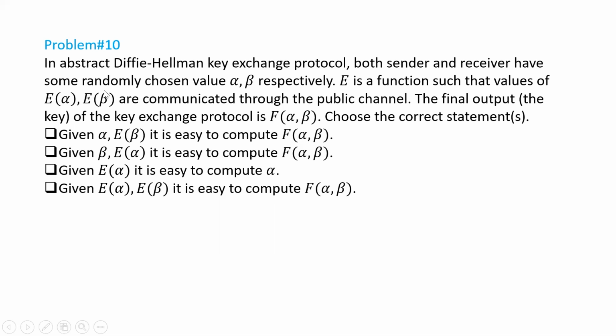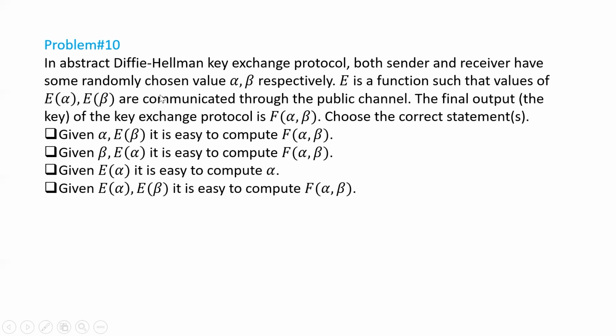We are just assuming the existence of some such E and F. Now, what these two parties, sender and receiver, do is that the sender may choose some alpha randomly on its own, and the receiver also may choose some beta on its own. The sender then sends E of alpha through the public channel to the receiver, and the receiver sends E of beta to the sender through the public channel. Now, in the transcript, the adversary is able to see both E of alpha and E of beta.